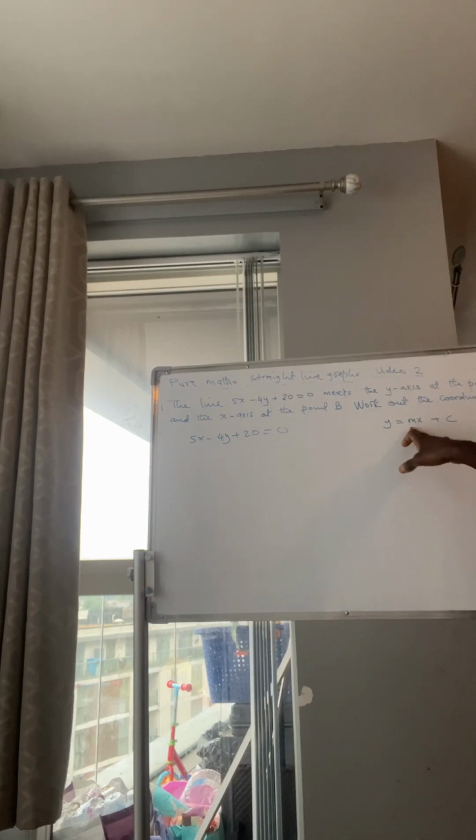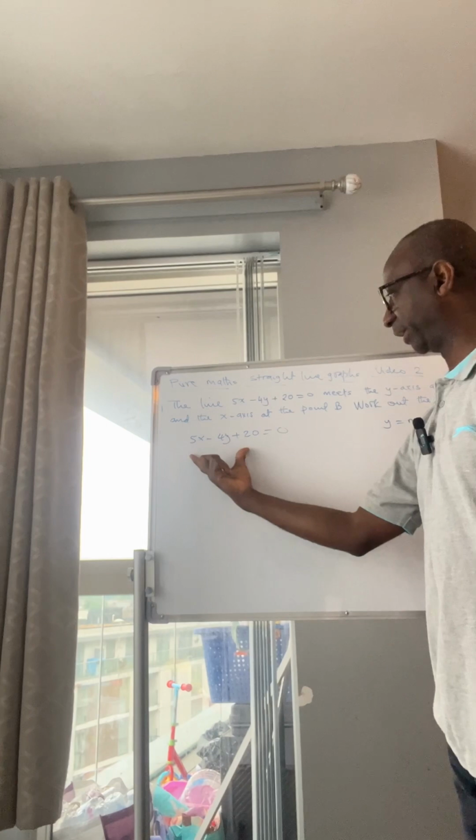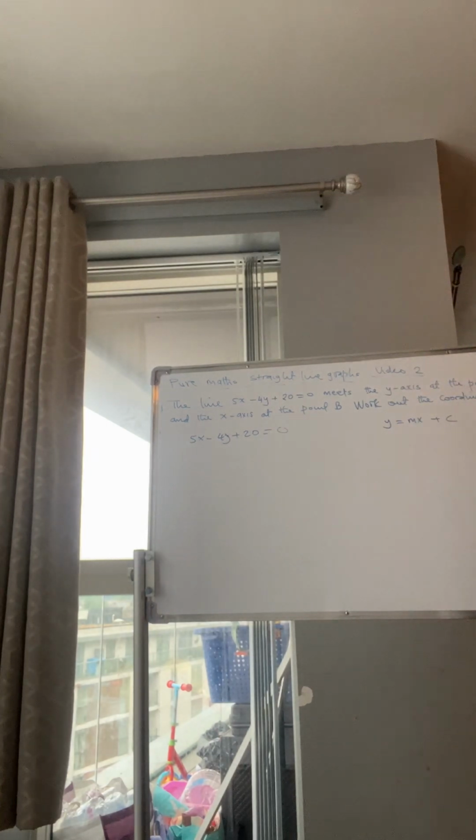You can easily work out the gradient of the line, and you can see the y-intercept. This c here is the intercept of the line on the y-axis. So straight away you can read some features of the graph from this equation.